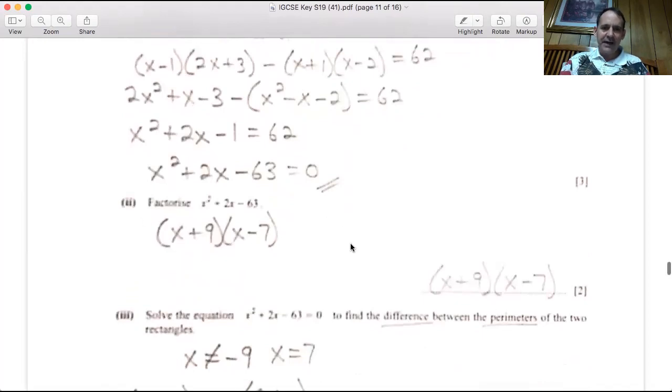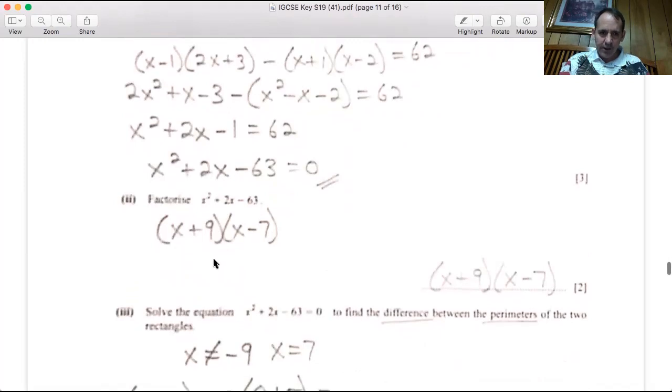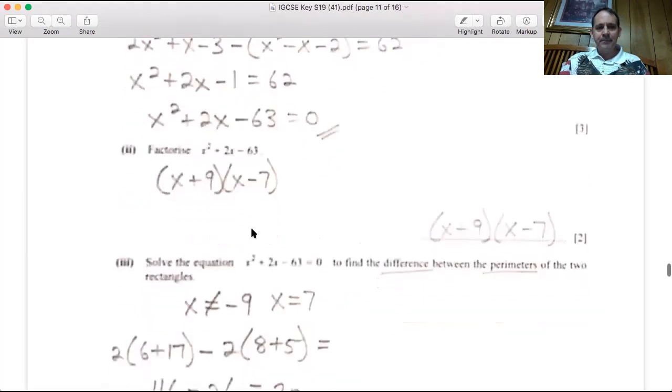Now they want you to factor that. So the factors of 63 that subtract to give you 2 are 9 and 7. 9 minus 7 will give you a positive 2. And so there's your factors. That's just straight out trinomial factoring: x plus 9 and x minus 7.